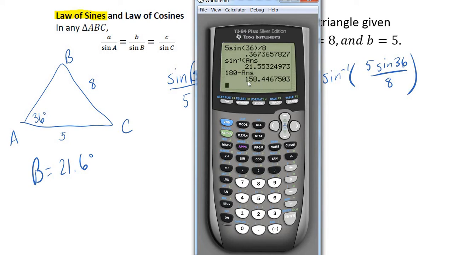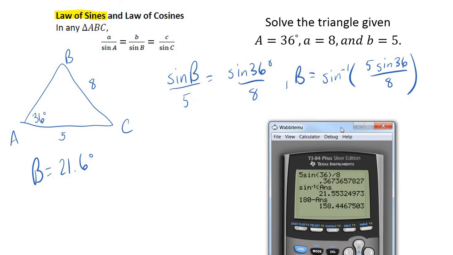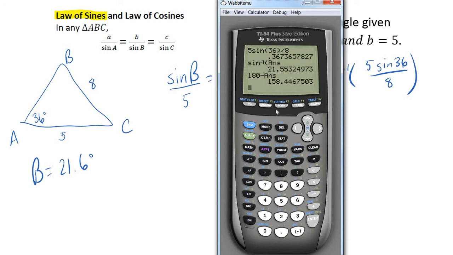Well, would 158 work in this triangle? No. Because 158 plus 36 is too big, right? That's more than 180. So mathematically, that's how we could check ourselves pretty quick as well. So there is only one solution to this one, so let's go ahead and clean it up.